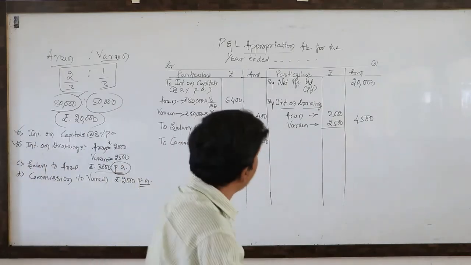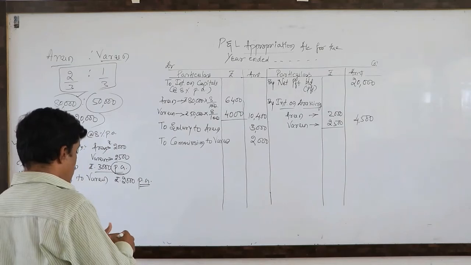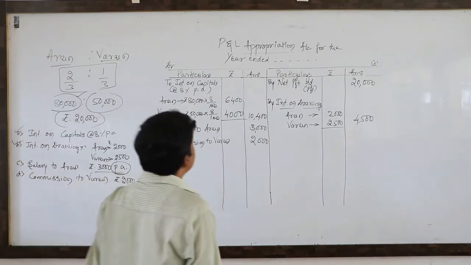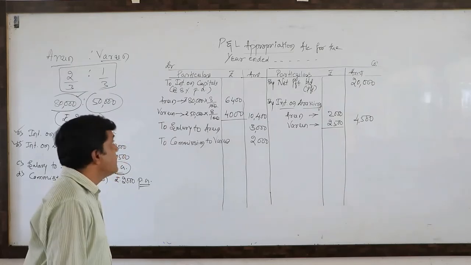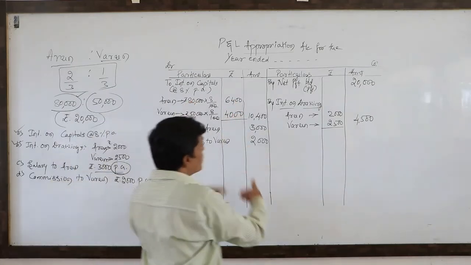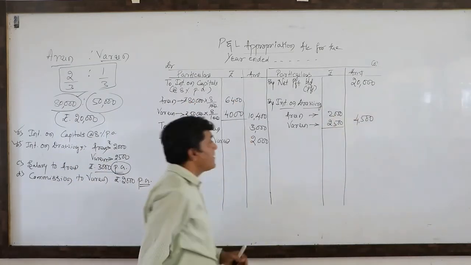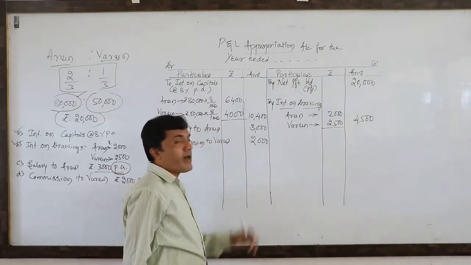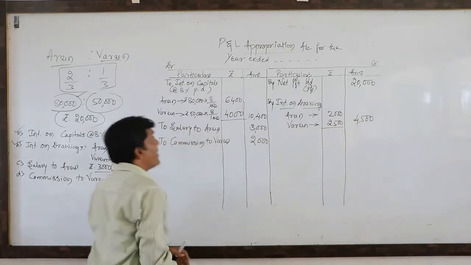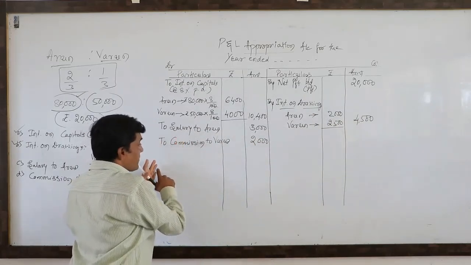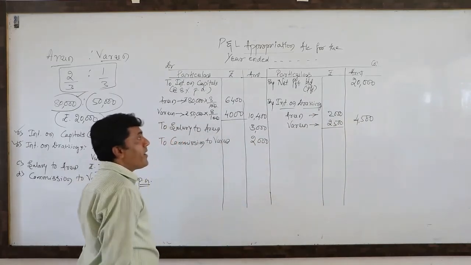Now I am going to close this account. For closing this account, we need to find the difference, whether it is a debit balance or a credit balance. Dear students, if the debit side total is more than the credit side, that difference is a debit balance. If the credit side total is more than the debit side, that difference is called a credit balance.